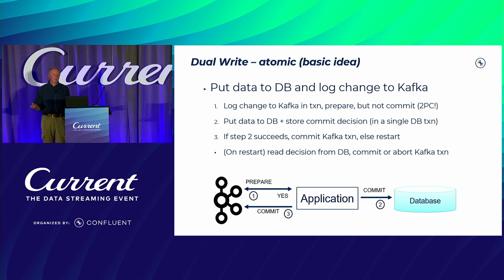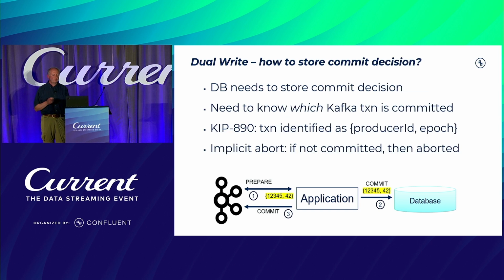And if we manage to successfully store data in the database, then we could commit the Kafka transaction. But if we have any failures, we could restart, reread state from the database, and then we could know whether it was committed or aborted, and then do the corresponding operation in Kafka.